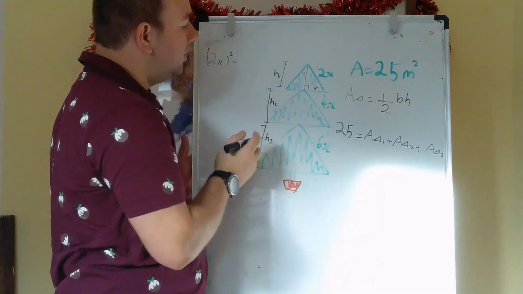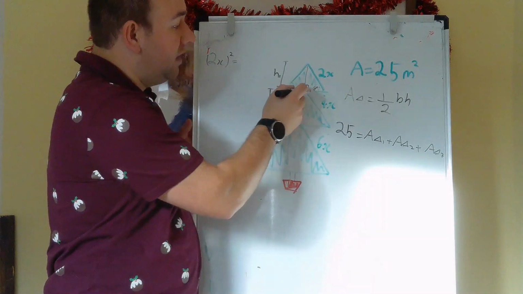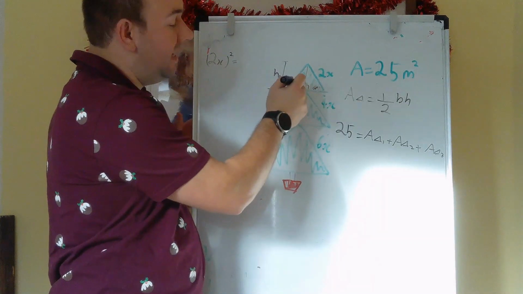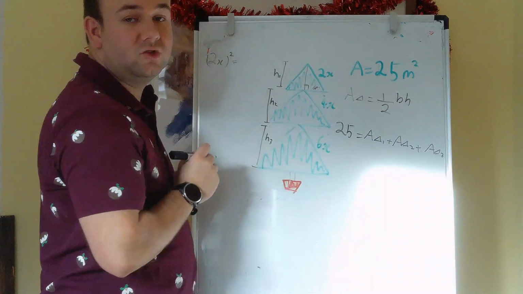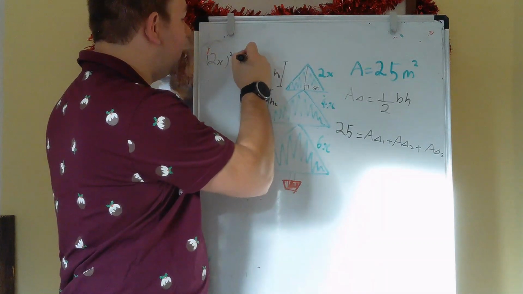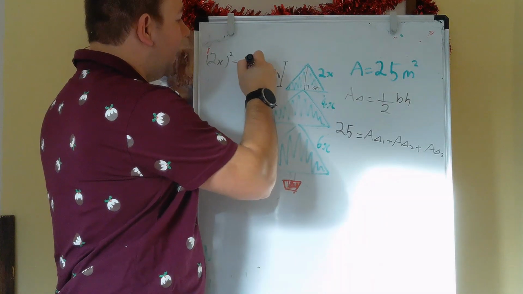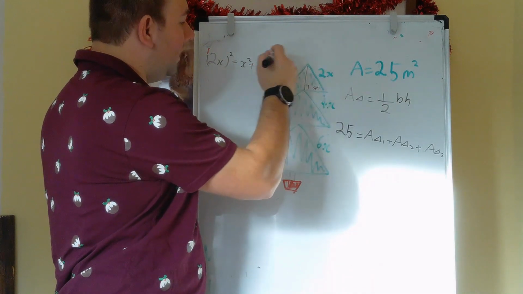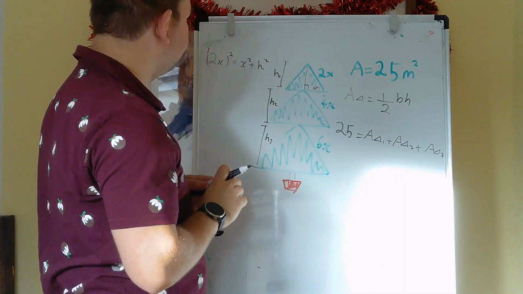So what are the other 2 sides? We know the base of this equilateral triangle was originally 2x, so the base of this right-angled triangle is going to be x, and we need to square it. I'm going to add that to the height, which is h1 squared.